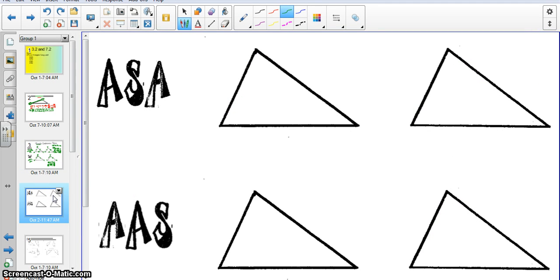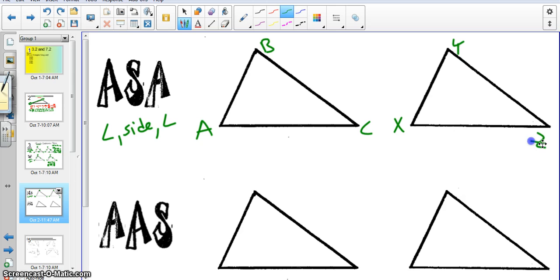The other two postulates are angle, side, angle. Again, let me go ahead and mark my triangles with ABC and XYZ. I must show three congruent statements on this one. So again, angle A would be congruent to angle X. These are your corresponding angles.